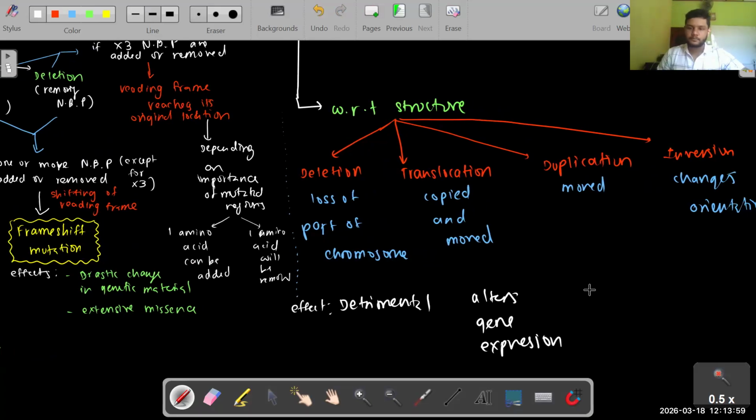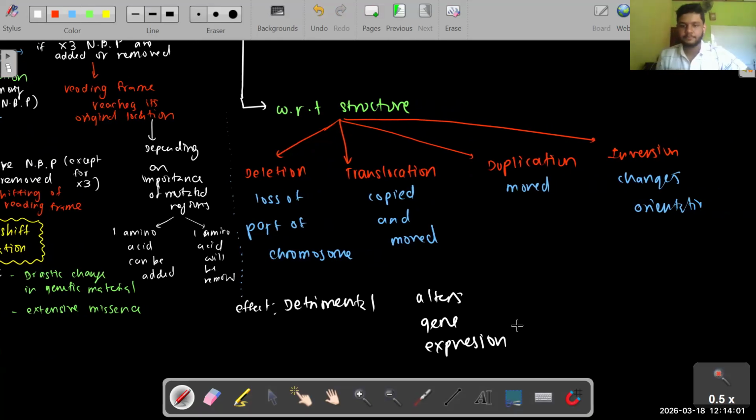Duplication also changes the gene expression. Right? For both, it can be used: alters or changes gene expression. Inversion, adverse variations will be caused. Adverse. Right? These are the effects.